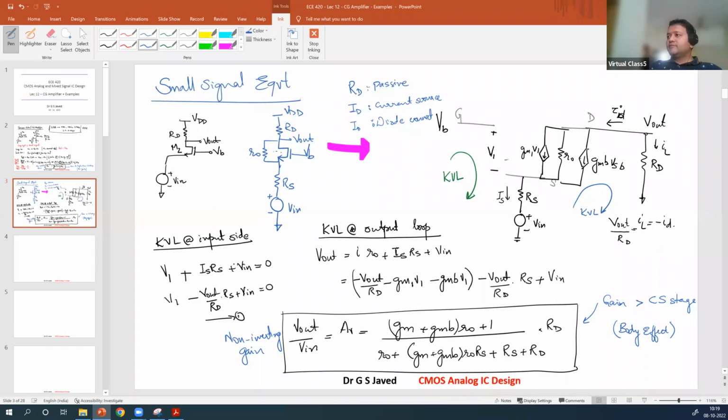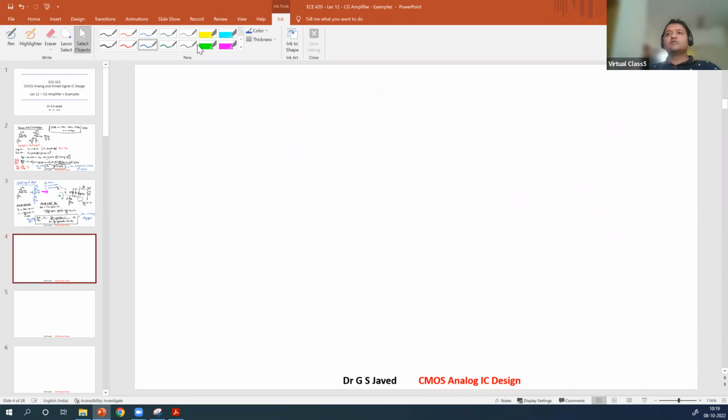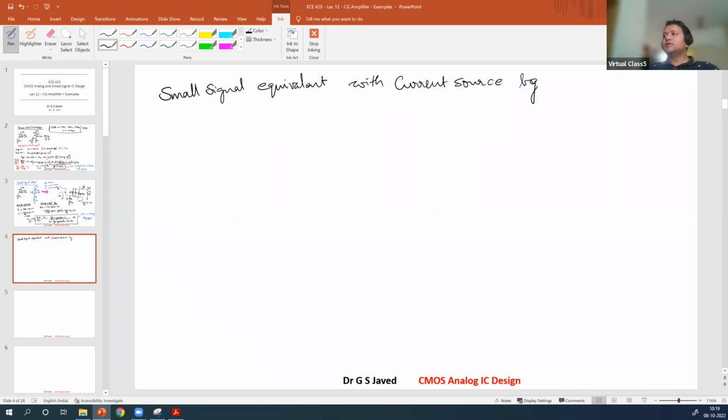Now, what happens in the same case if there is no GMB value, no channel modulation, or you get a current source? So, small signal equivalent with current source based load.